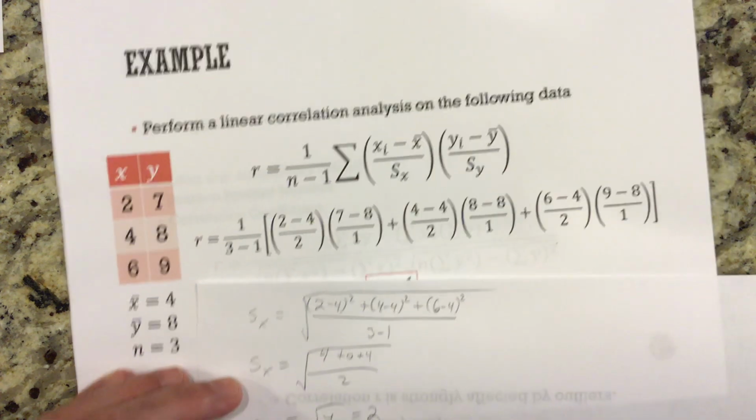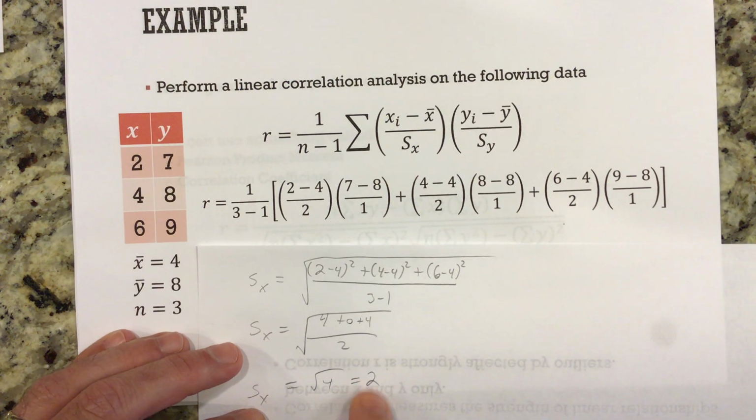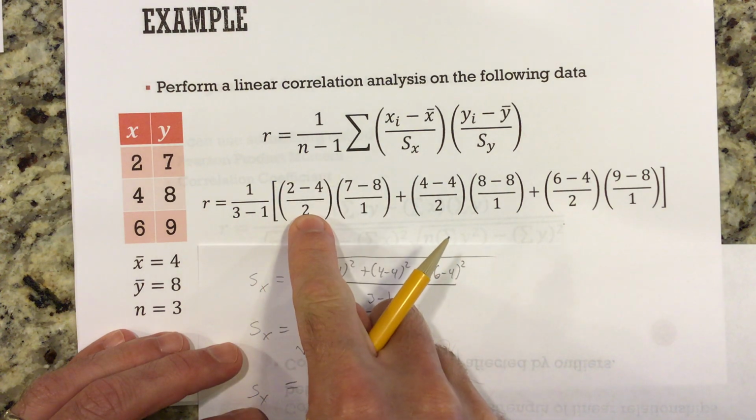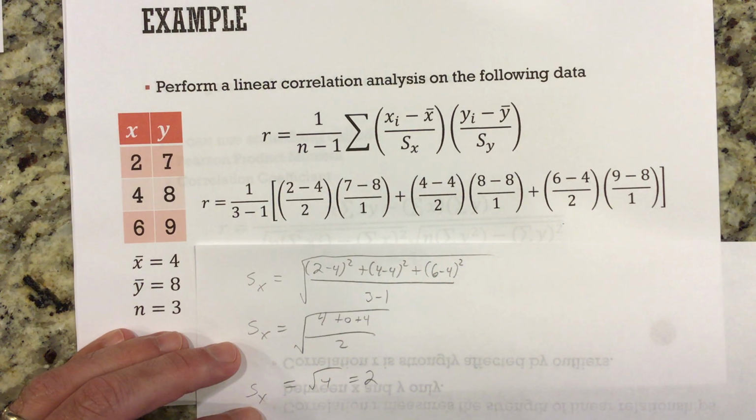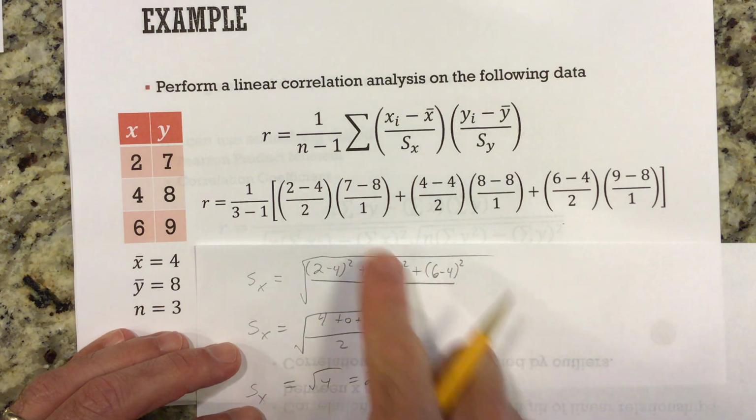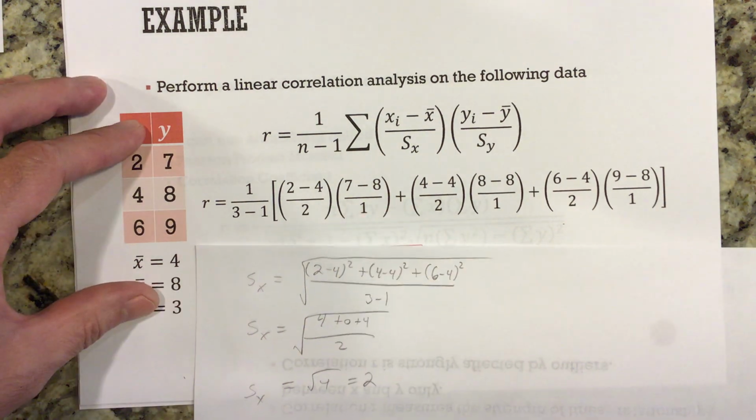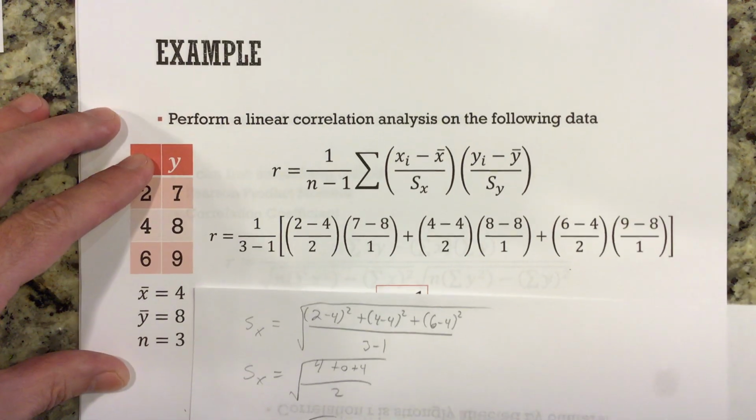Okay, so that's how we got the sample standard deviation is 2 for x. You can go ahead and repeat that same thing for y, and you'll get the sample standard deviation for y is 1. So that's just a quick review from chapter 1.